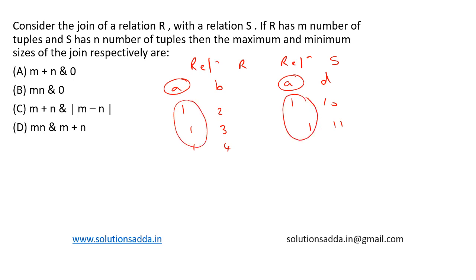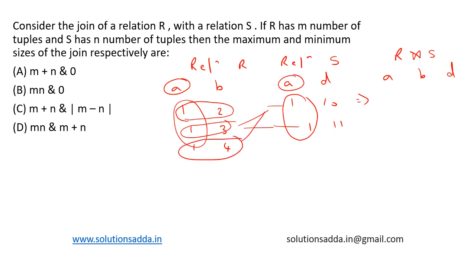Now the maximum number of tuples that are possible here is the cross product. So R natural join S would have attributes A, B and D. We match this row with these two rows, this row with these two rows, and this row with these two rows.